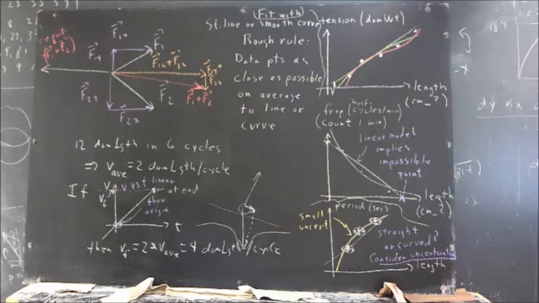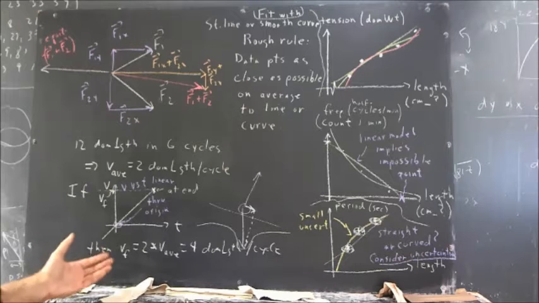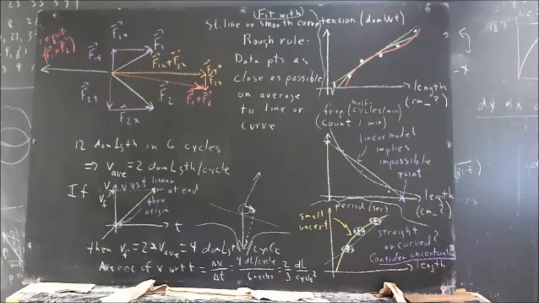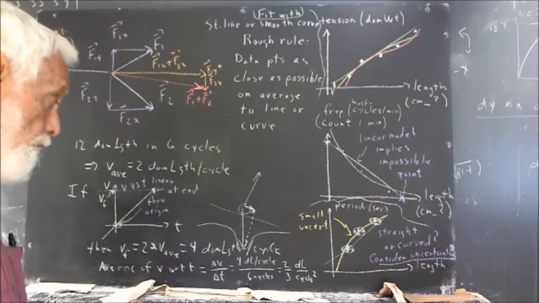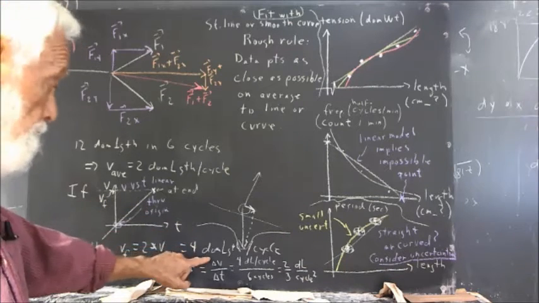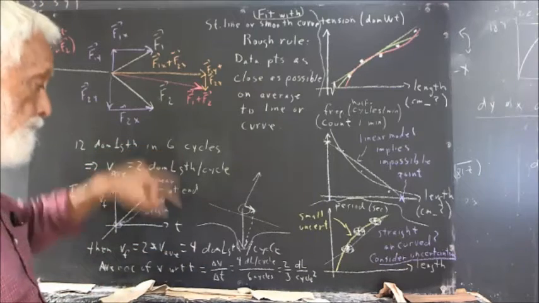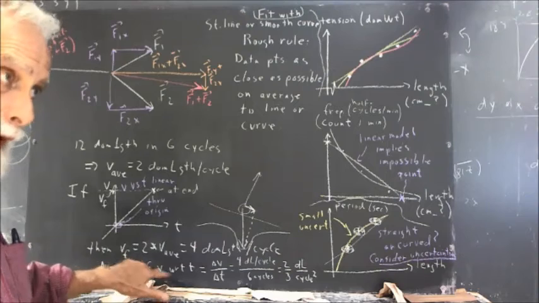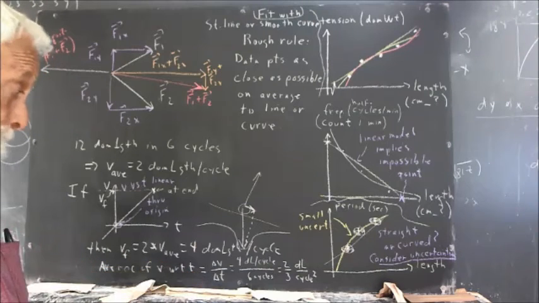Then we ask the question of, well, okay, at what rate, average rate, is the velocity changing? Well, the answer to that question is fairly straightforward. We take the change in velocity and divide by the change in the time. That's what we mean by the average rate of change of the velocity with respect to time.